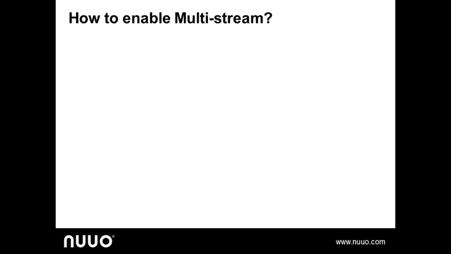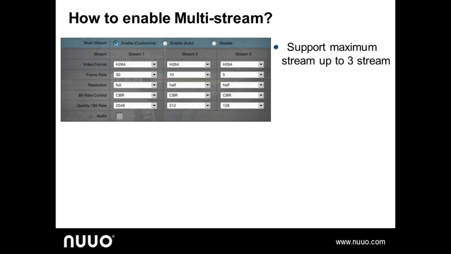So after you ensure the camera supports multi-stream, how do you enable it on local display? Well, it is very simple and easy. You need only one step. The multi-stream function is in the camera setting page. You could disable or enable it. So far NVRsolo supports a maximum of 3 streams, so if your camera supports more than 3 streams, the other streams may not be displayed.